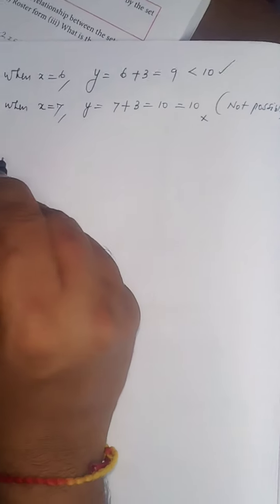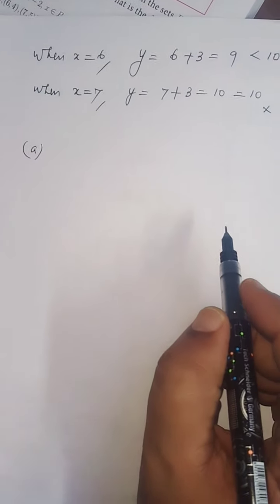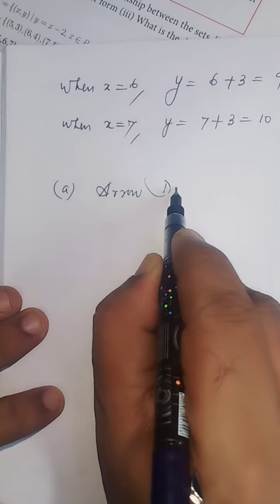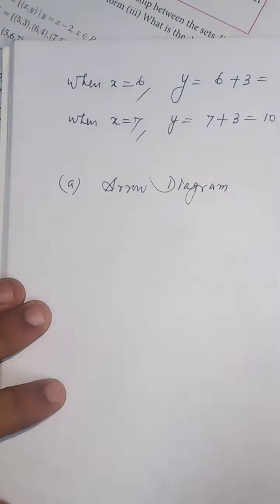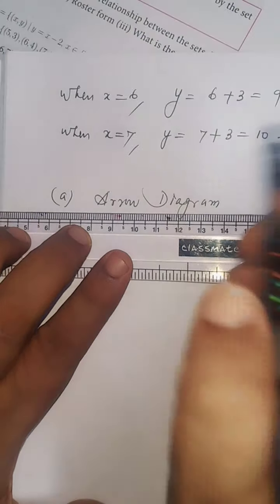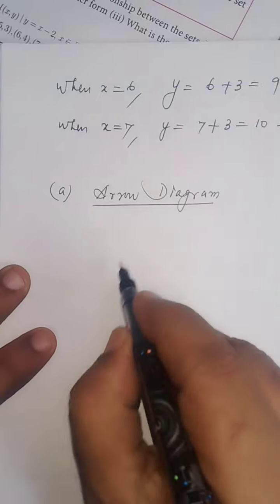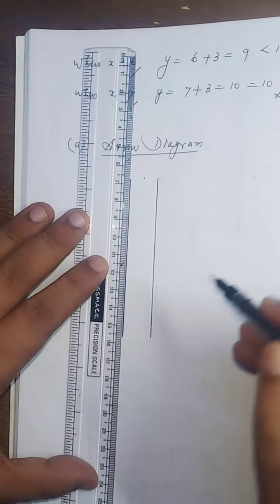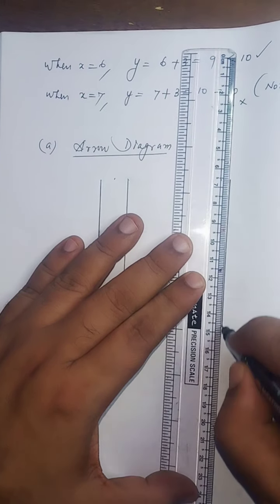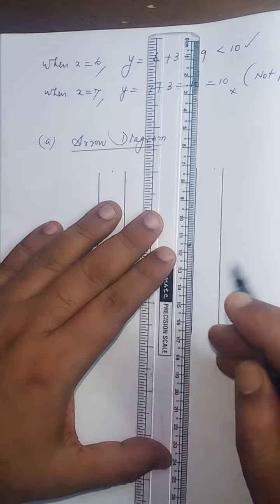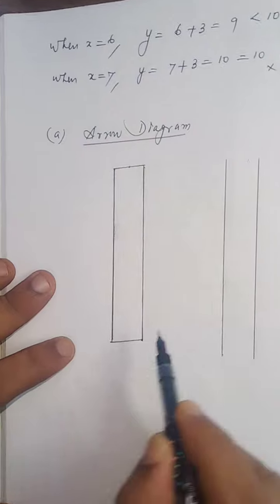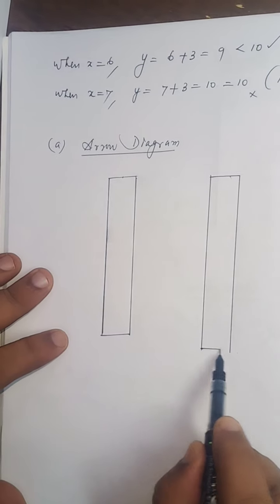Now, first part: arrow diagram. Listen carefully. A set can be represented in any way, either an oval diagram or a rectangle in shape.